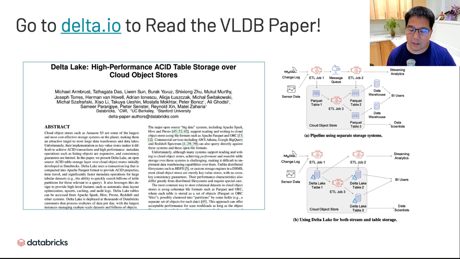And please take a look at the paper because we dive into a lot of these technical details about the simplification of your data pipelines to things like time travel, schema evolution, schema enforcement, audit log transactions, things of that nature. So it's a great read and it just recently got published. So go to delta.io to download the paper today.